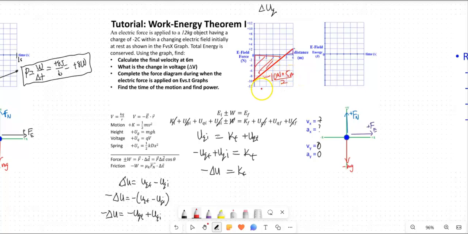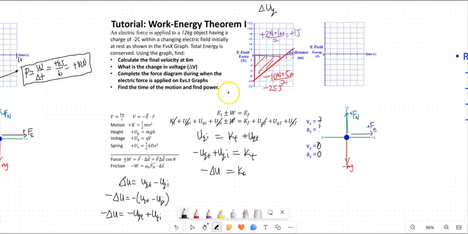So that's going to be negative 25 joules. This purple area right here is going to be positive 2 newtons times 1 meter divided by 2. So that is going to work out to be, what is that? That's just plus 1 joule.